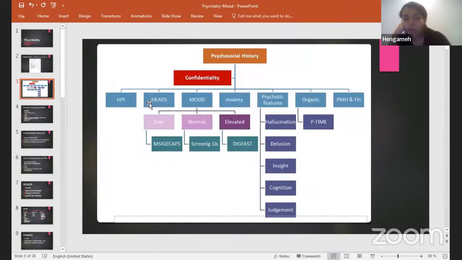Then we have HEADS, which we will break down. We need to do a mood assessment. We need to inquire about anxiety and anxiety-related symptoms. We need to inquire about psychotic features, and we also need to rule out organic causes. And we also have to talk about past medical history and family history.